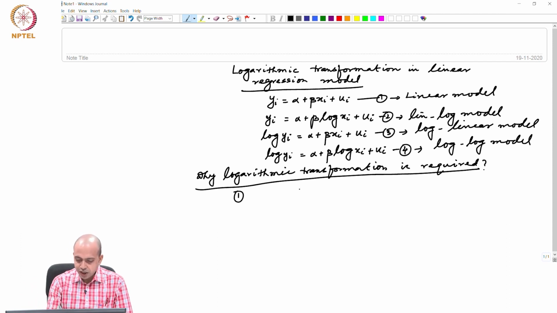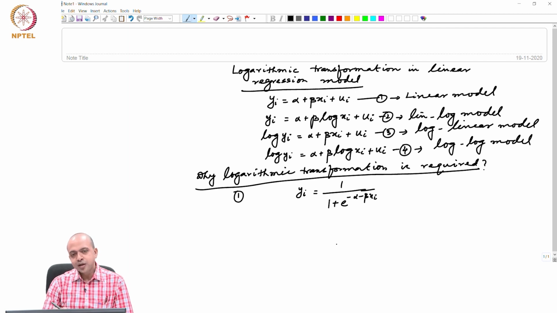How is this? Let us say that your yi equals 1 by 1 plus e to the power minus alpha minus beta xi. This is your model. You can easily see that y and x are non-linearly dependent, and we have not yet learned nonlinear estimation. So, what will we do?